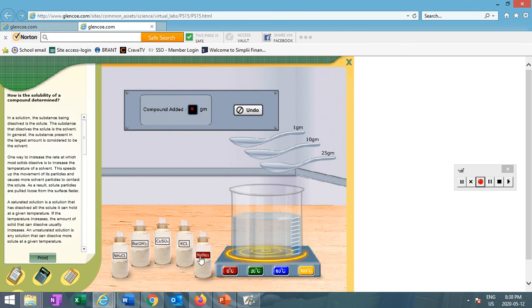Okay, and on to sodium nitrate. So nitrates and sodium, any alkali metal, are generally speaking pretty soluble. So starting at the top, whoa, already at 50, even at 0 degrees. There we go. Too much.